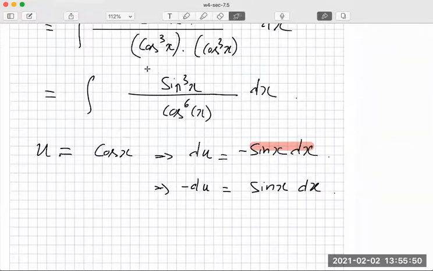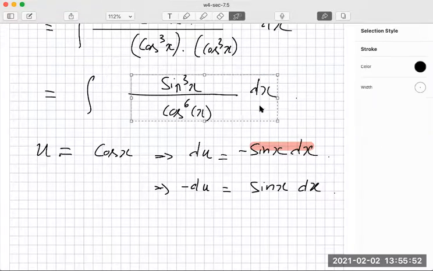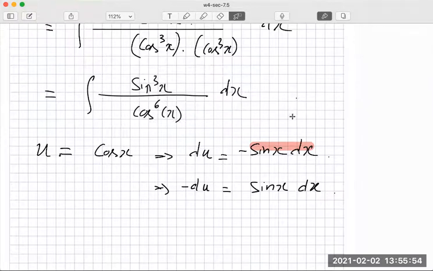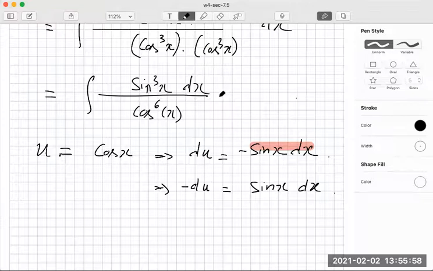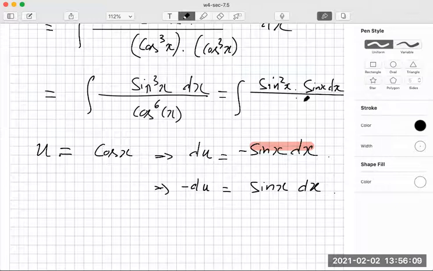And this guy, if we write it differently, is the same as sine squared x times sine x dx divided by the denominator here, right?